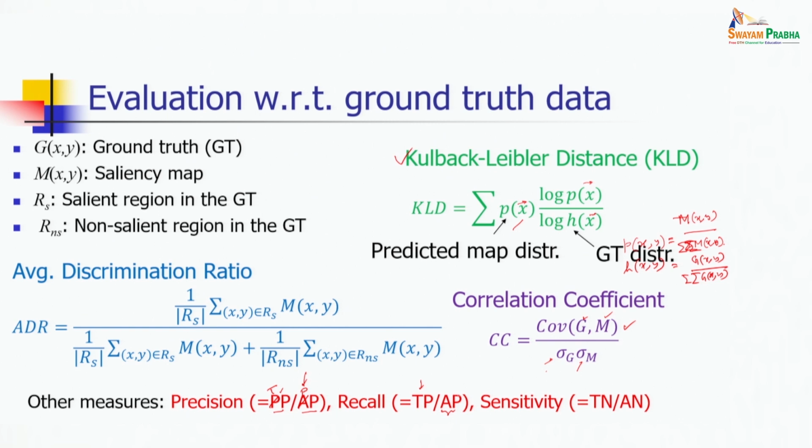Recall is also called the true positive rate. And it is not sensitivity, it is specificity: the number of true negatives divided by actual negatives. So this is called specificity.